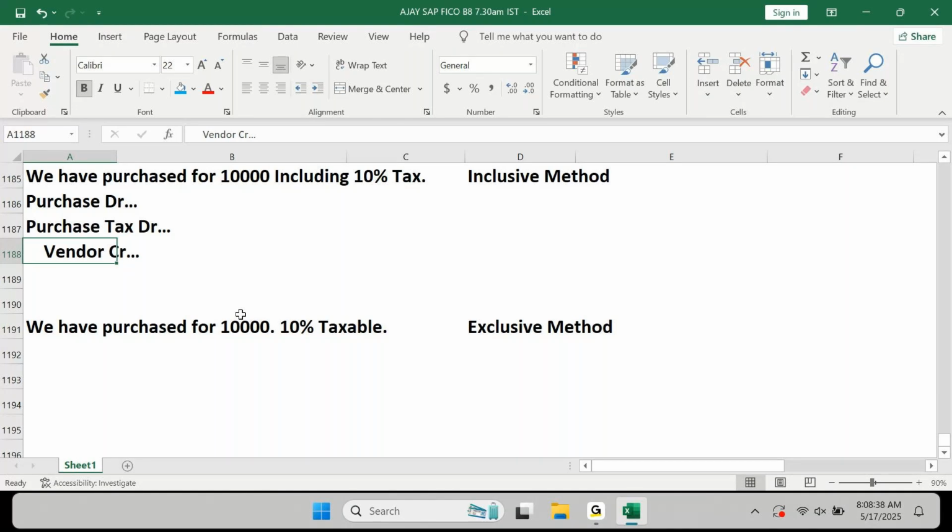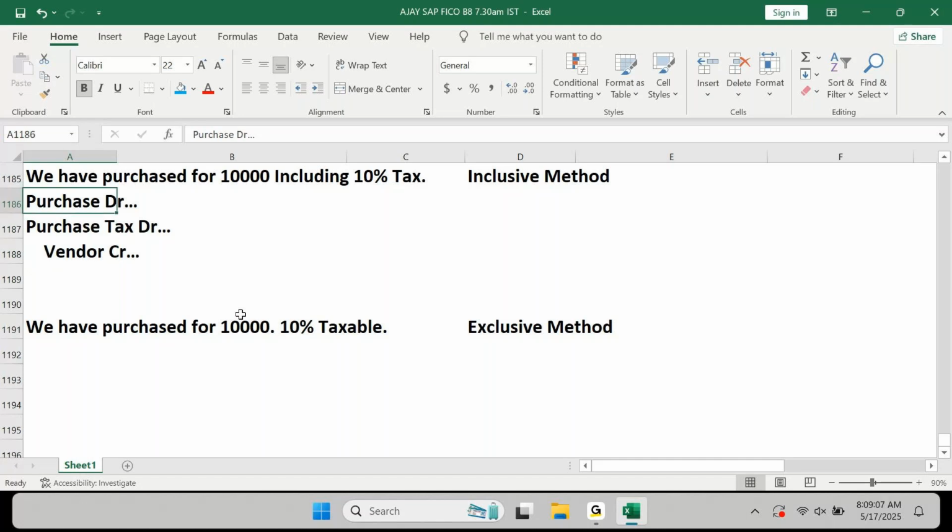If you are going left side, your shadow will also follow you, left side only. Whenever you are talking about purchase tax, look at purchase first. If purchase is going to the debit side, purchase tax also will go to the debit side.